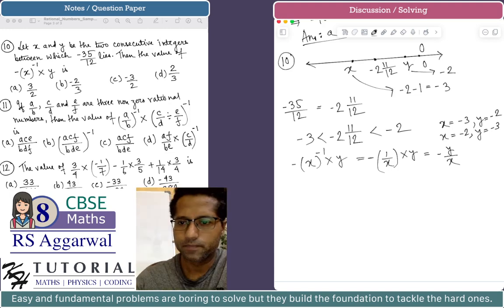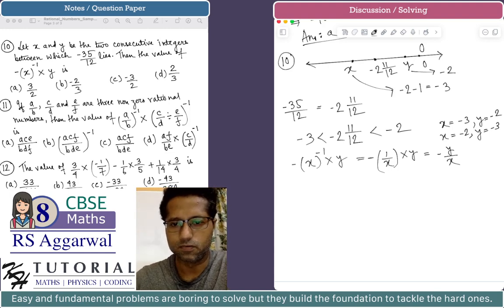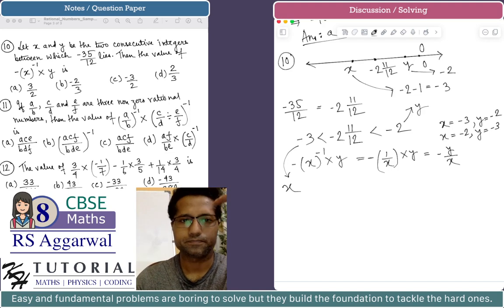So in that case, this is x and this is y, because y is the next consecutive integer of x, that is, x is less than y. And we have already found that those two consecutive integers have to be -3 and -2, and so definitely x has to be -3 and y has to be -2.